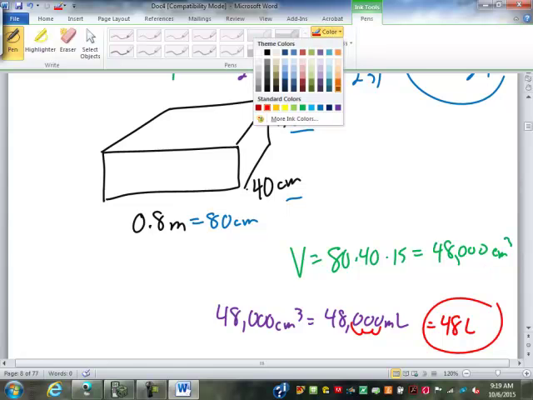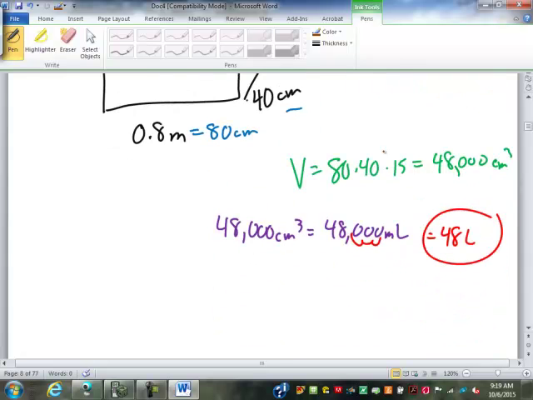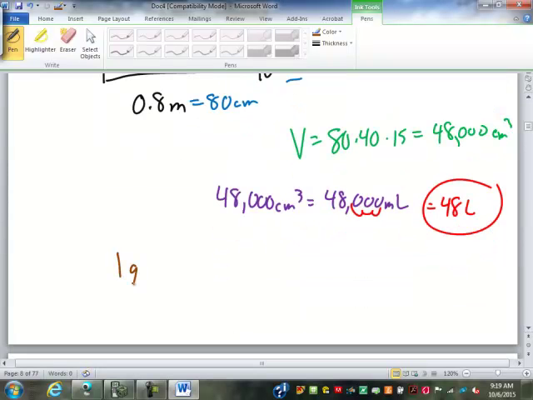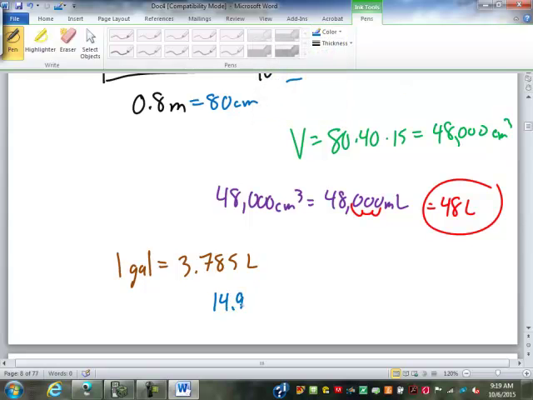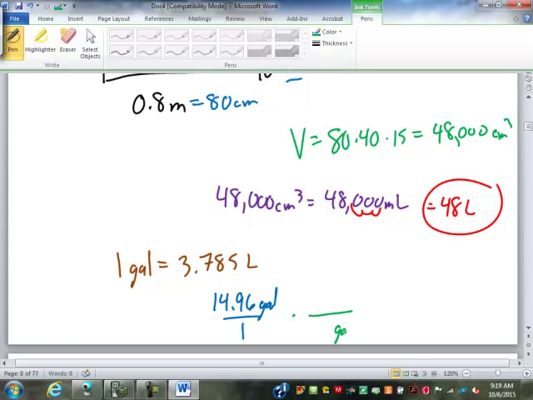We will look here in a few days actually at the conversion between metric and standard. Which of these tanks is bigger is the question. 1 gallon holds 3.785 liters. So if I take that 14.96 gallons over 1, put gallons on bottom, 3.785 liters on top.